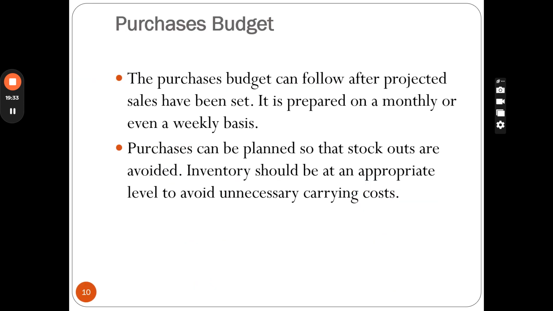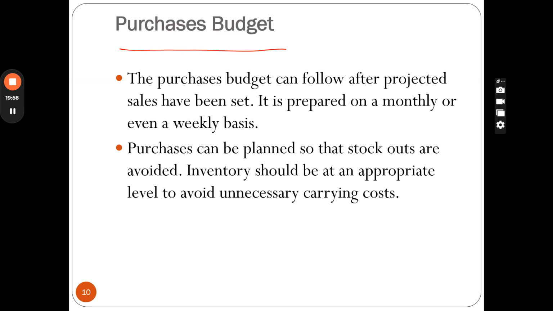So once we prepared our sales budget, we prepared a production budget. Now, if you are not a manufacturing company, for example, you are a retailer, you will not have a production budget. Instead, you will have a purchase budget.